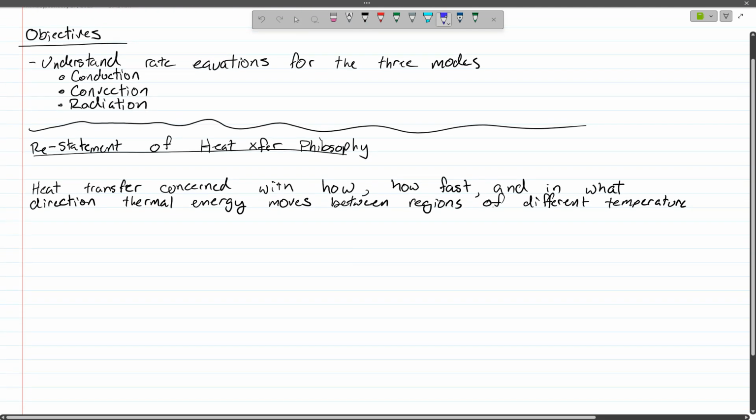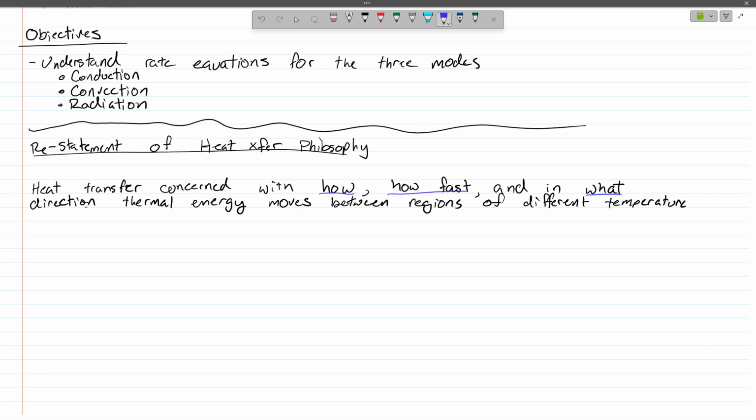I want to underline a few key terms here: the how fast, what direction, and the idea of temperature differences. Each of these is addressed by a key aspect of the course. So there's the how, and this is what we're going to be talking about today. This is asking, what is the mode of heat transfer, or the mechanism?